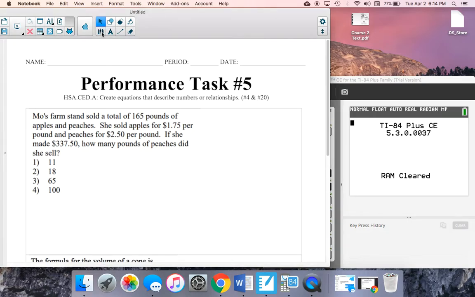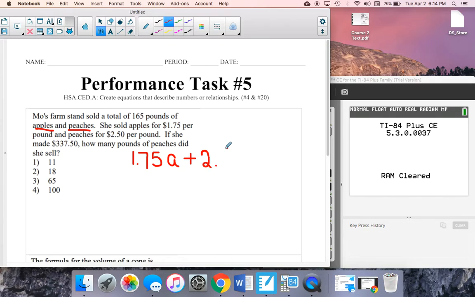So the first thing we want to do is try to create an equation with the information that we're given. I'm going to use the letters A for apples and P for peaches. Apples were $1.75, so let's represent that as 175A. And peaches were $2.50 each, so that's going to be plus 250P.